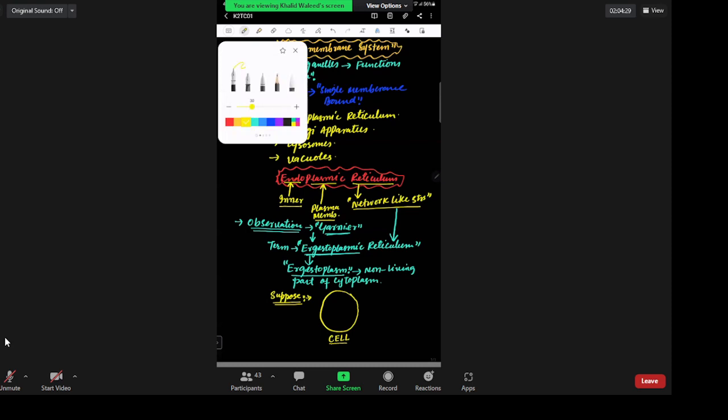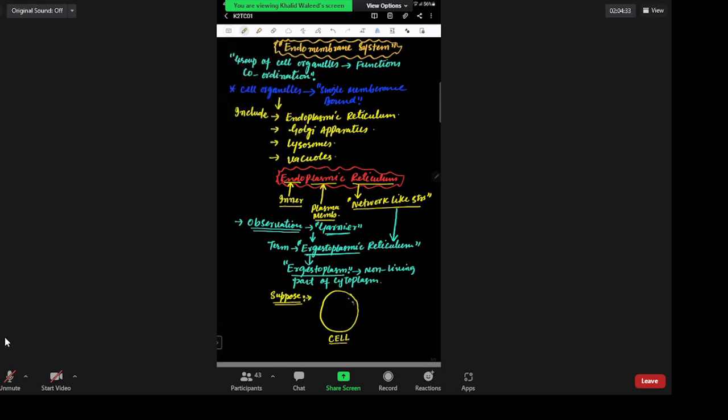Cell will be having a well-defined plasma membrane, and inside this plasma membrane, the green color dots are going to represent cytoplasm. Let me label these green color dots as cytoplasm.